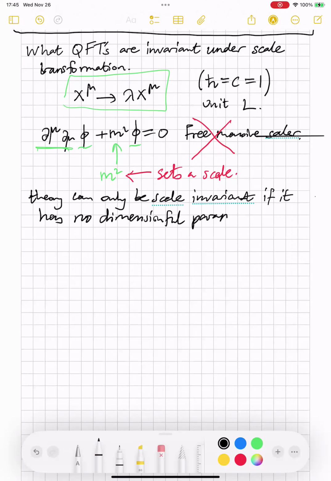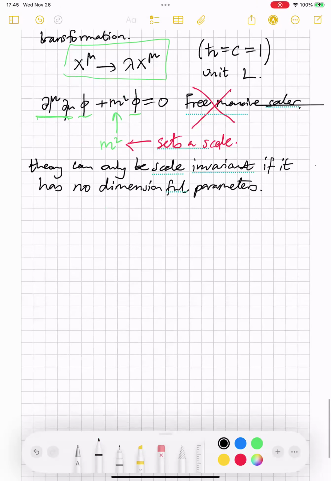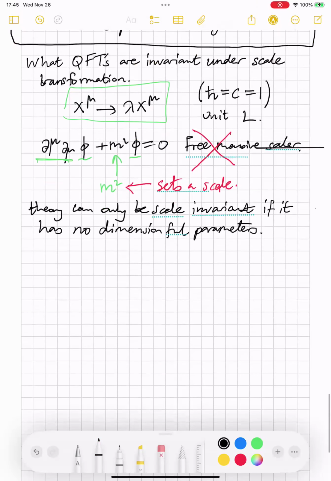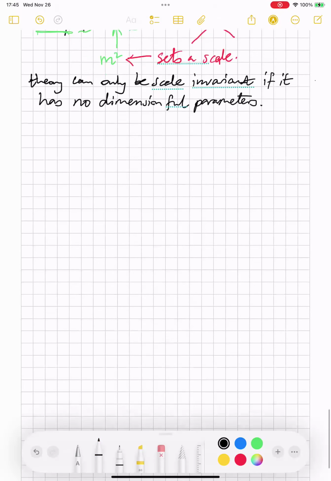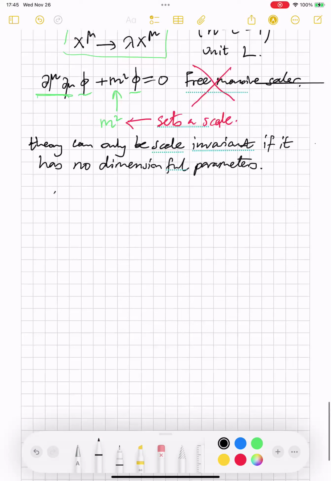As soon as you have a parameter which has dimension, you have set a scale. So you better have a theory that has no dimensionful parameters. Okay, so with this insight, let's make another guess. A better guess could be to take ∂^μ∂_μ φ equal to 0.